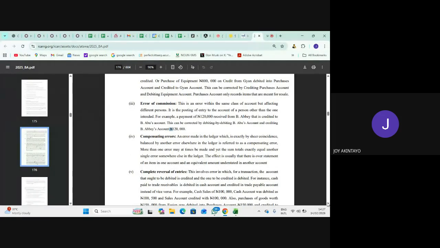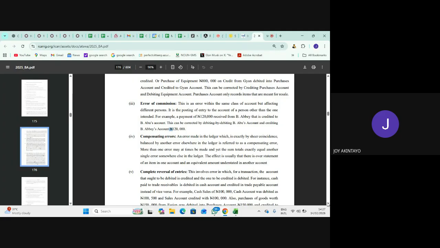We also move to compensating error. An error made in the ledger which is, by sheer coincidence, balanced by another error somewhere else in the ledger.